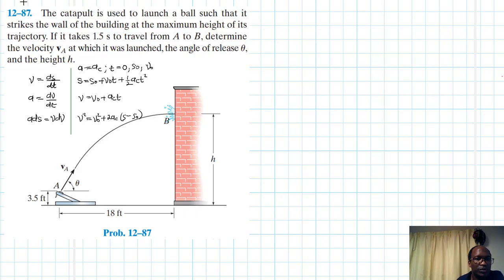So let's choose our reference point. Again, it's really up to us. We can pick this to be a reference point, and once you pick this, then it means this particular height becomes your h minus 3.5. Okay, so for me, I'll not pick that one. I'm going to pick the bottom one, at this particular point.